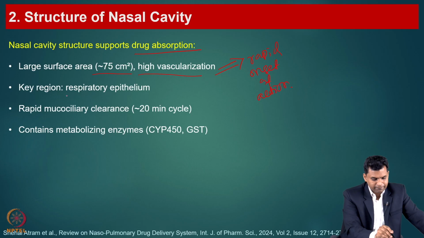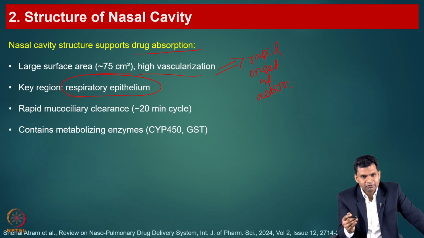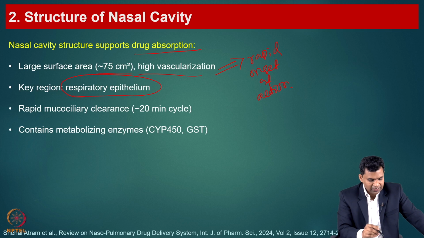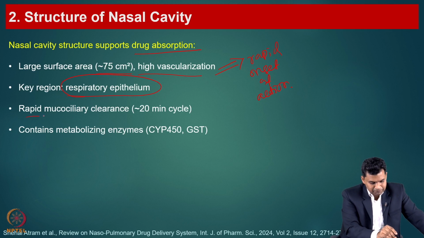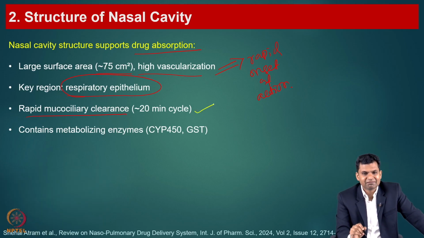And here the respiratory epithelium will also help in the uptake of the molecules into the alveoli. And one more major issue with nasopulmonary delivery is rapid mucociliary clearance.